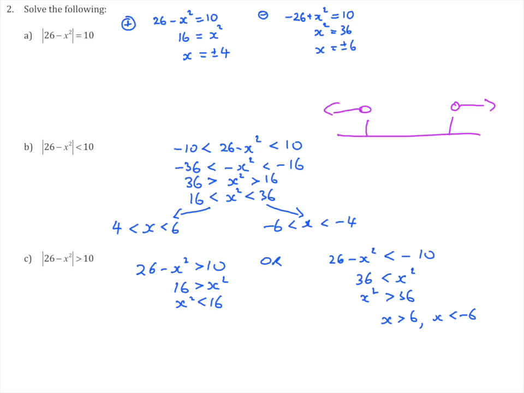Well, x is going to have to be numbers smaller than 4 and bigger than -4. And that's your solution. So for this one, if I write it in a different colour, they're all the possible solutions in amongst that.